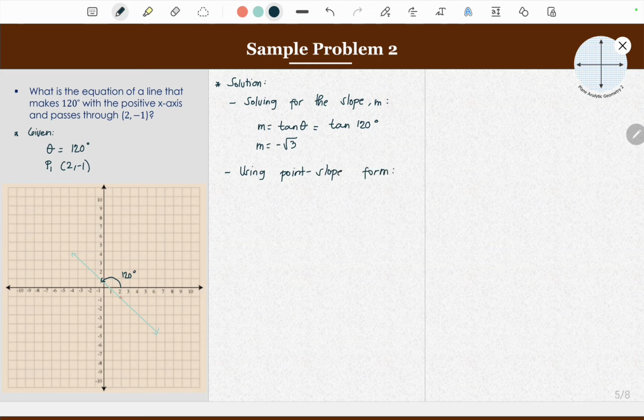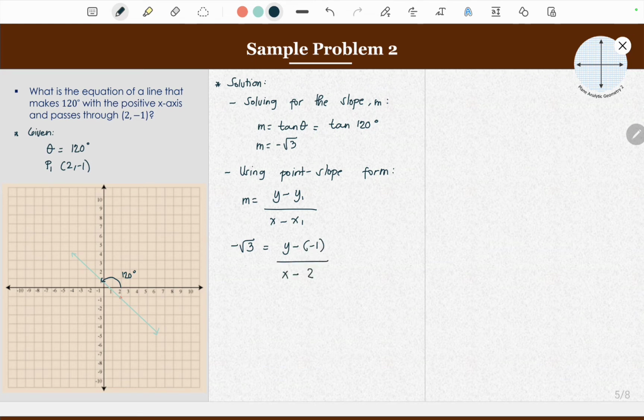Using point slope form, the slope m is equal to y minus y sub 1 over x minus x sub 1. Substituting, we have negative square root of 3 is equal to y minus y sub 1, which is -1, over x minus x sub 1, which is 2.